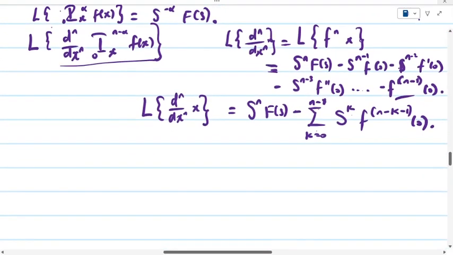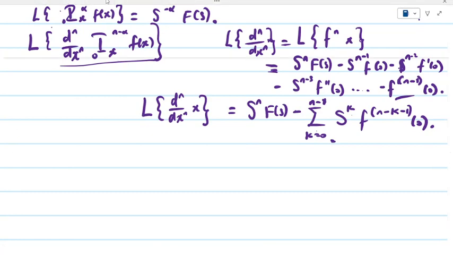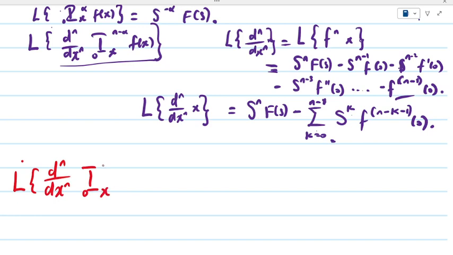Having this series, we can now continue with the main objective for today. We have the Laplace transform of d^n/dx^n of the integral from 0 to x of the order n minus alpha of f of x.